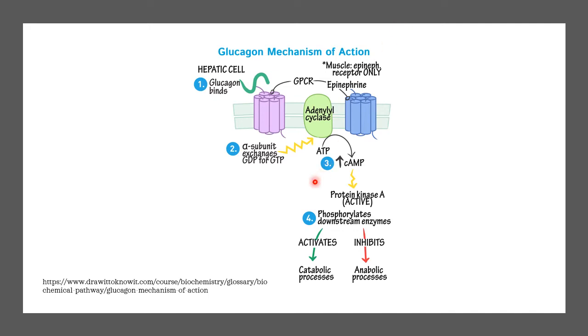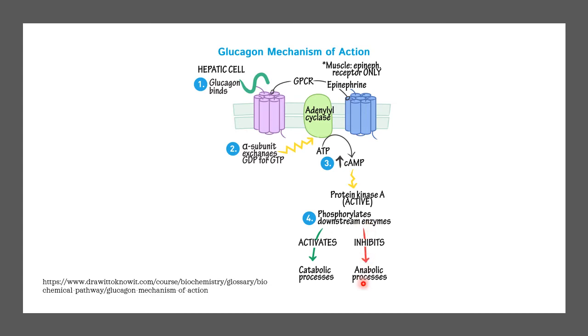After that, the protein kinase A will phosphorylate the downstream enzymes, and it will activate the different catabolic processes in the body, such as the breakdown of lipids, the breakdown of glycogen, and the process of gluconeogenesis. These are collectively known as the catabolic processes.